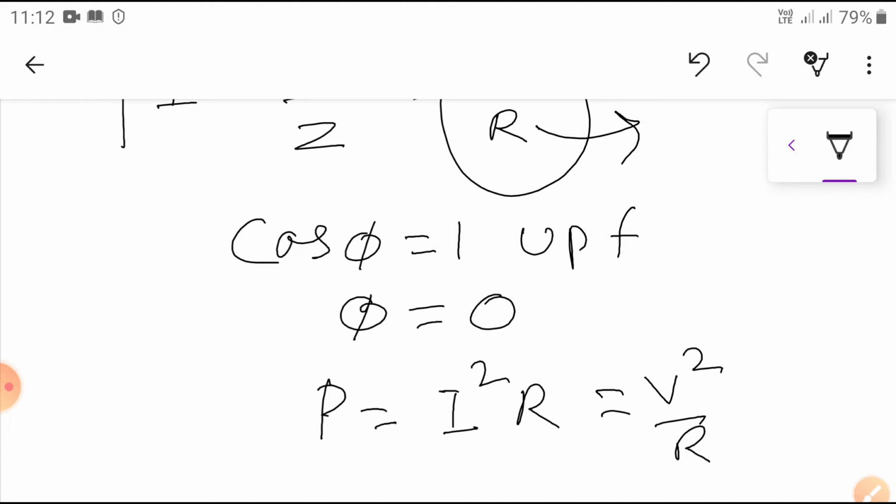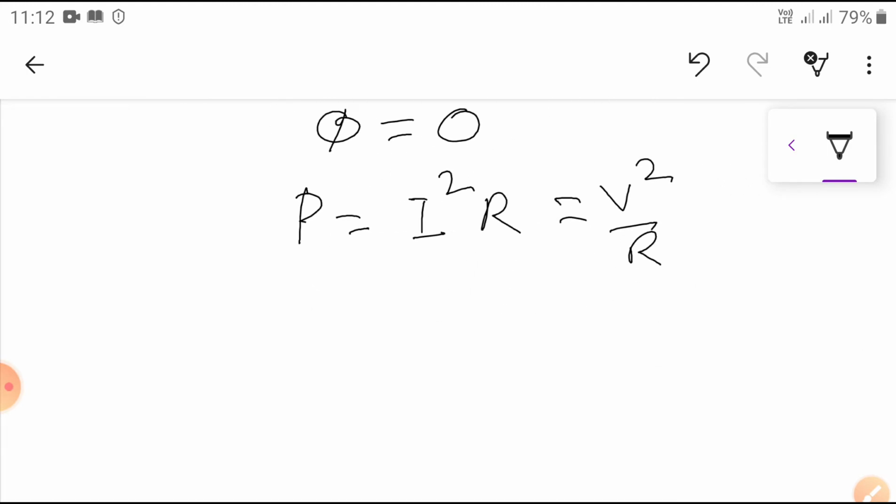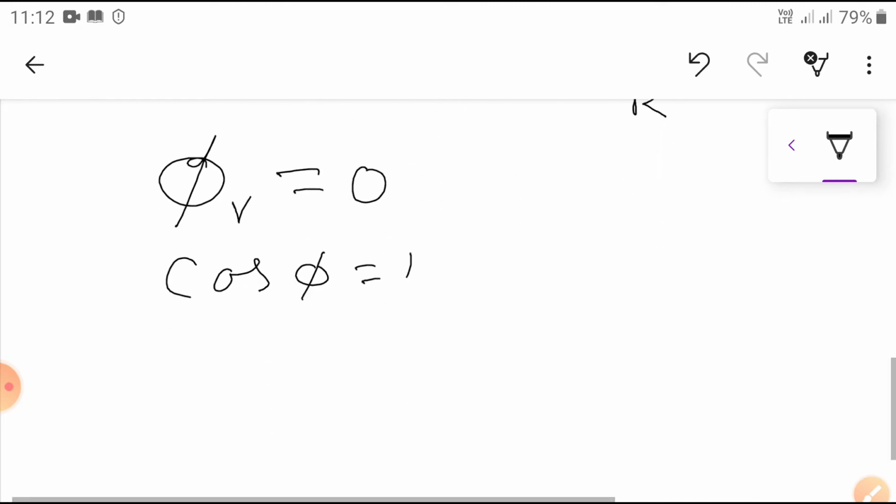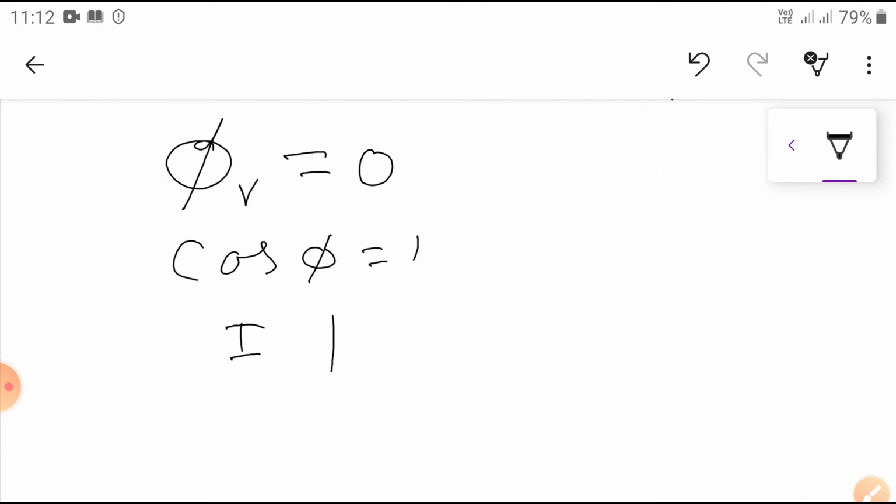So in this case, we can say that at resonance the angle becomes 0, cos phi is equal to unity power factor, and the current value becomes very high. At that condition, XL is equal to XC.